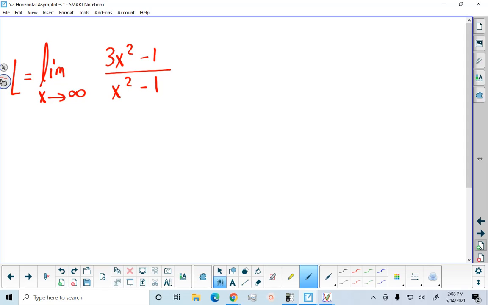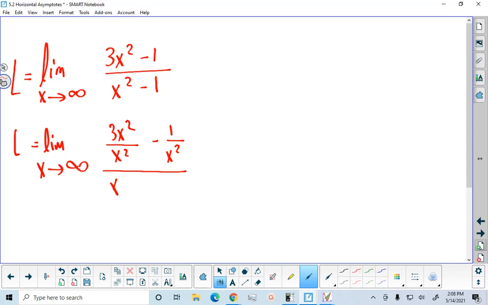How do we do this? There's a rule, and what it is that you identify the highest degree of x in the expression, which is 2, and you rewrite the limit by dividing every term by x raised to that highest exponent. So we're going to write it as 3x squared over x squared minus 1 over x squared, over x squared over x squared minus 1 over x squared.